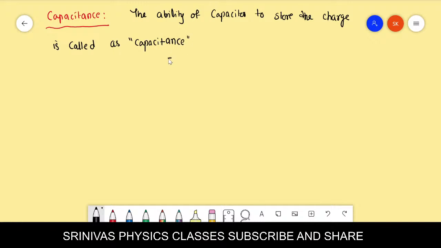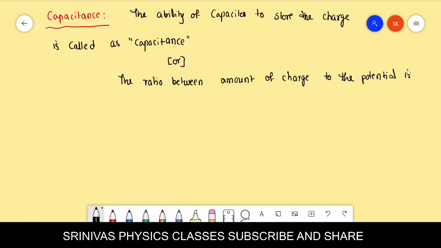And there is another definition. The capacitance formula is the ratio between the amount of charge to the potential. The ratio between the amount of charge and the potential is called capacitance.